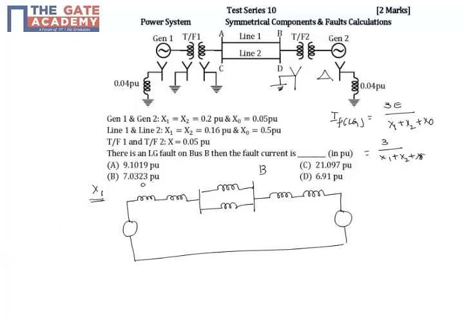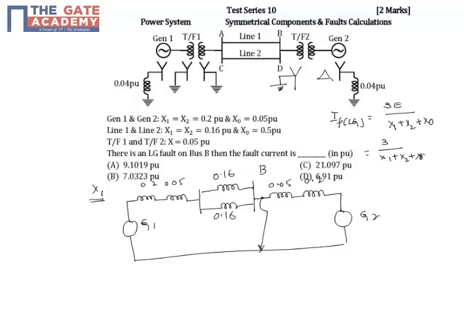This is given as 0.2, this is 0.05, this is 0.16, 0.16, 0.05, 0.2. This is G2 and this is G1. So how to calculate x1? Because the fault is here, this point is connected to ground.